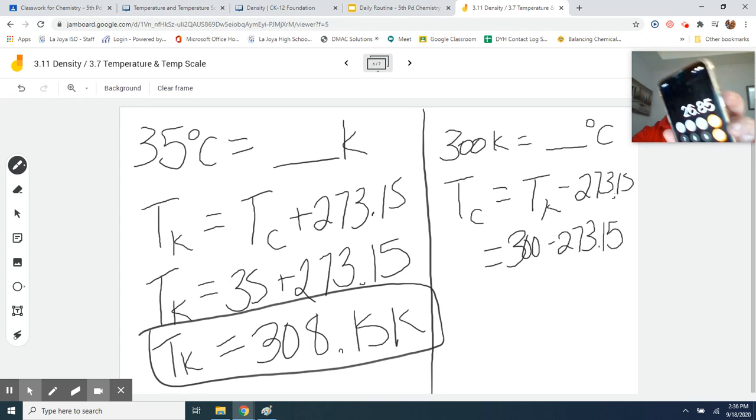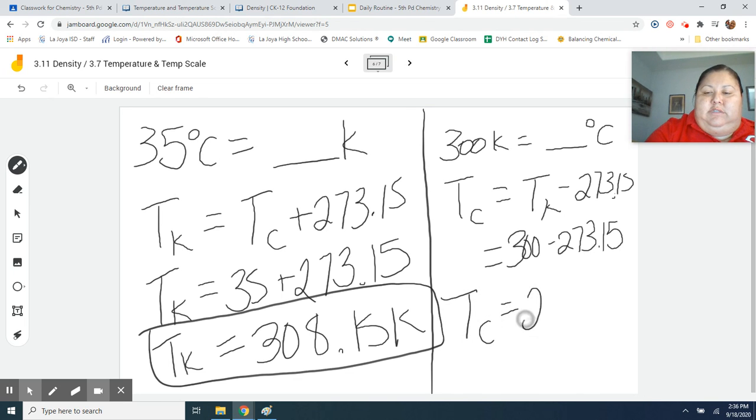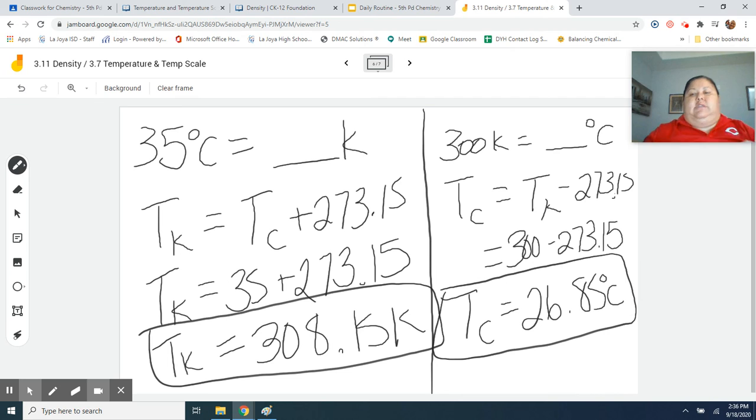Equals 26.85. 26.85 degrees Celsius. Easy, easy, easy.